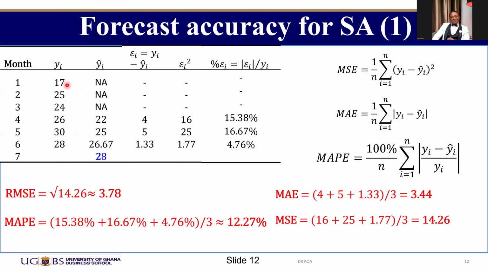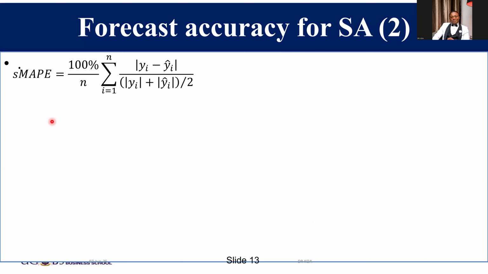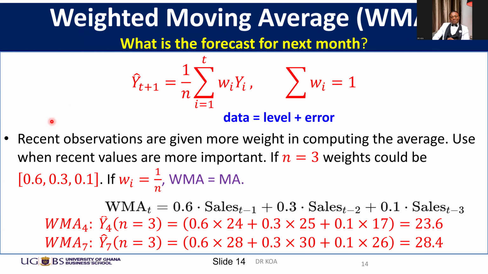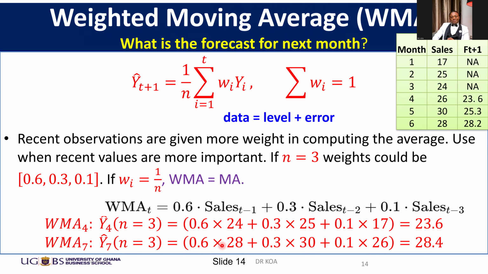If you want to go backward, 24 is the first one, 25 is the second one, and 17 is the next one. So the first weight will be given to the first value. You will notice that the 60% has been given to the most recent value, which was 24. Then the next past is given the next weight.